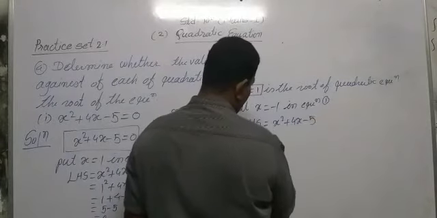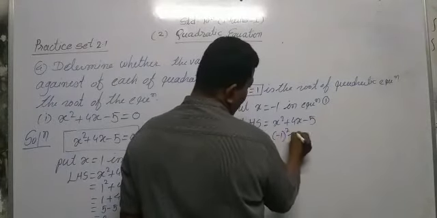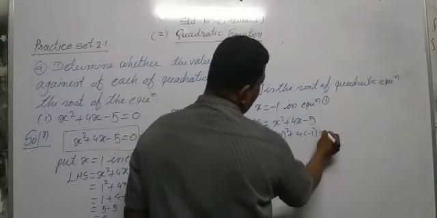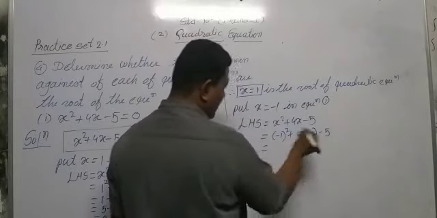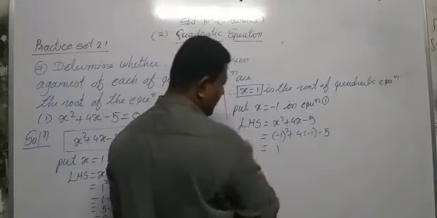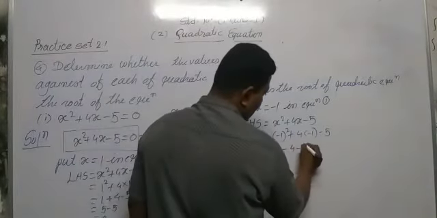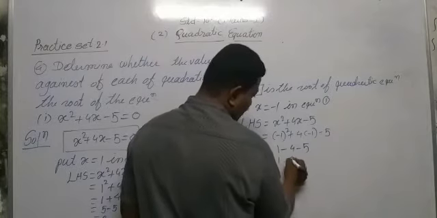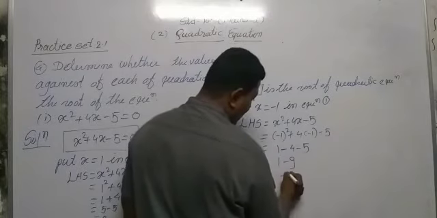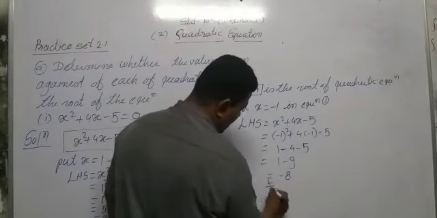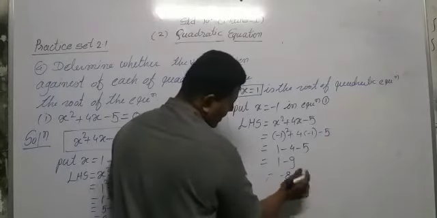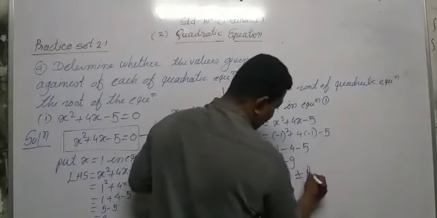minus 5. Put minus 1 square plus 4 into minus 1 minus 5. Minus 1 square is 1. 4 into minus 1 is minus 4, and minus 5, so 1 minus 4 minus 5 is minus 8. Now this is not equal to our RHS.